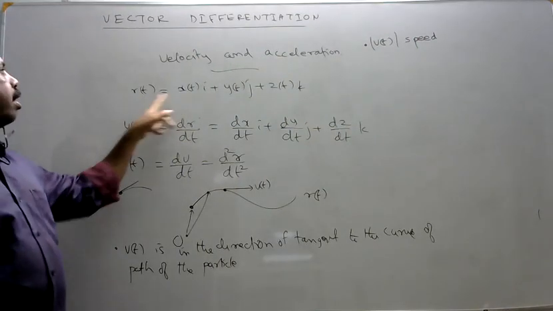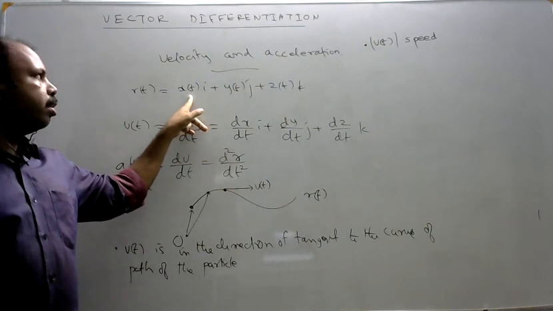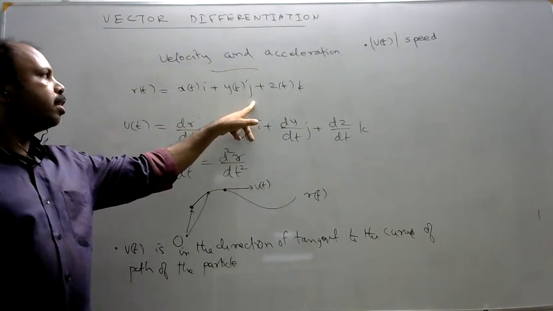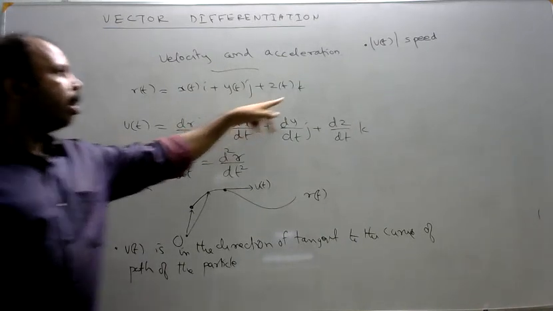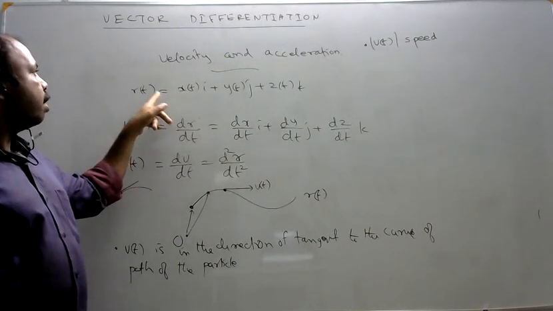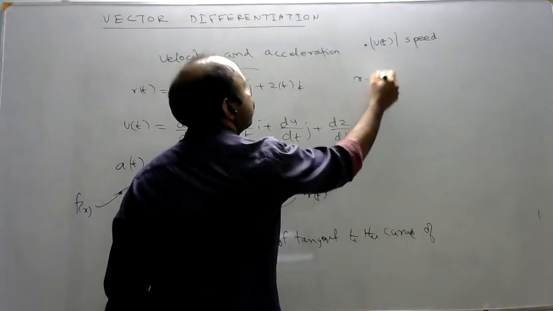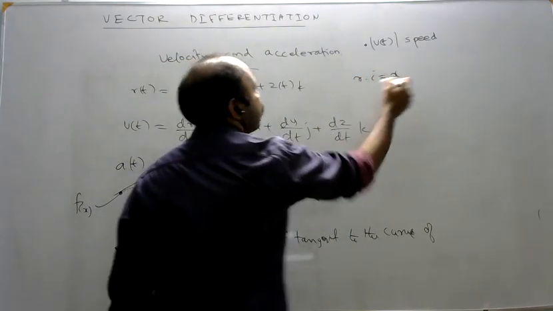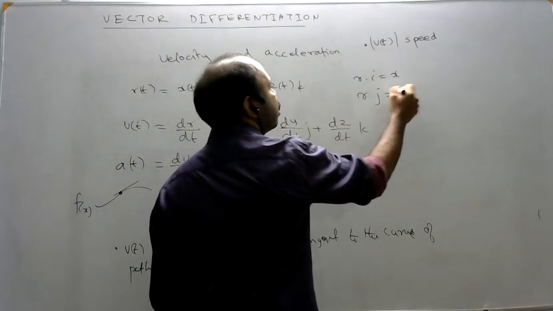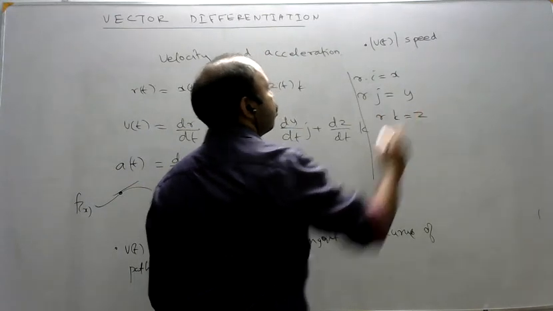Here we have r(t) equal to x(t) i plus y(t) j plus z(t) k. We say that x(t) is a component in the direction of unit vector i, y(t) in the direction of j, z(t) in the direction of k. Here we can extract x(t) by taking dot product with i. Here r dot i is clearly x, r dot j equal to y and r dot k equal to z.